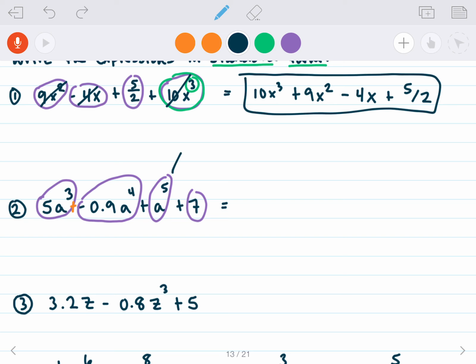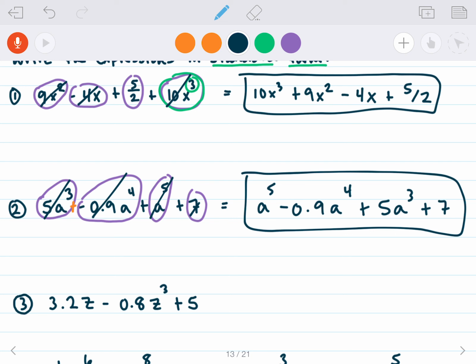That's a 5. That is higher than 4 or 3. So first comes a to the 5th, followed by the term with a to the 4th, which is negative 0.9 a to the 4th, followed by a positive 5a to the 3rd. And finally, my constant is positive 7. So this is my answer in standard form.